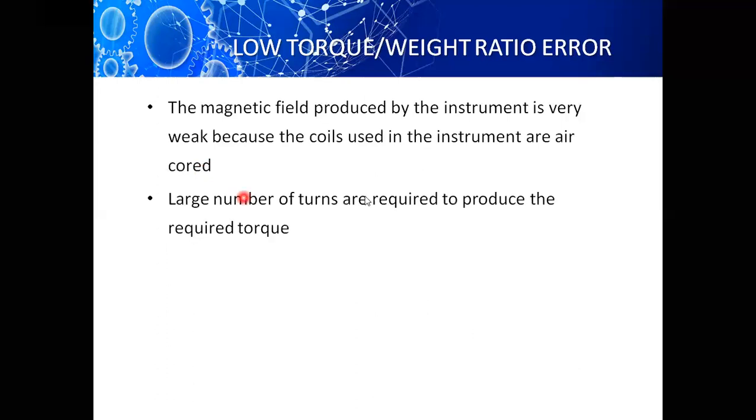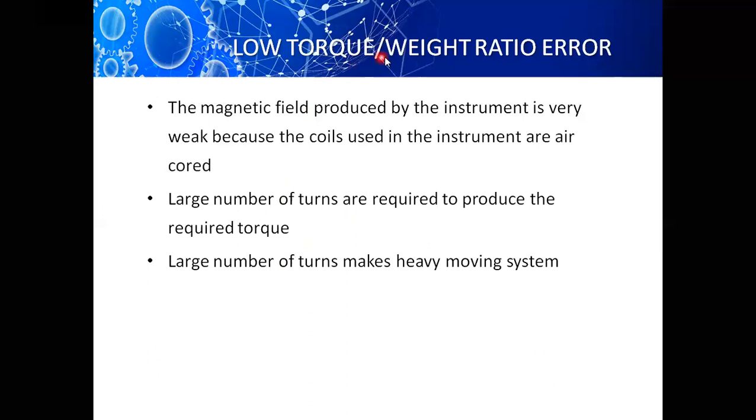A large number of turns are required to produce the required torque. So the moving coil will have a large number of turns. In order to increase the torque, though the field is very weak, we are using a large number of turns, to provide the required torque for deflection of the pointer. That means torque is very less, weight is very high.